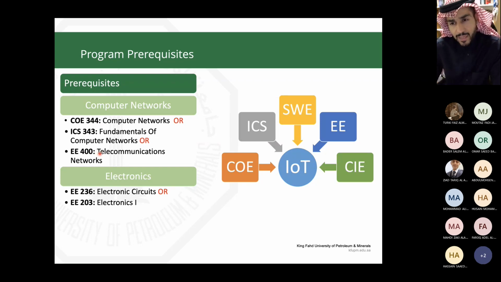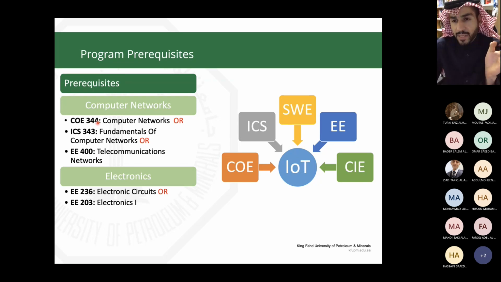Now, for EE students, 400 is the best course for them because it's an EE elective, and it's going to be counted in their plan as a major elective. If you are from CISE, then you can take COE 344, which we have made accessible to CISE and EE students as well.